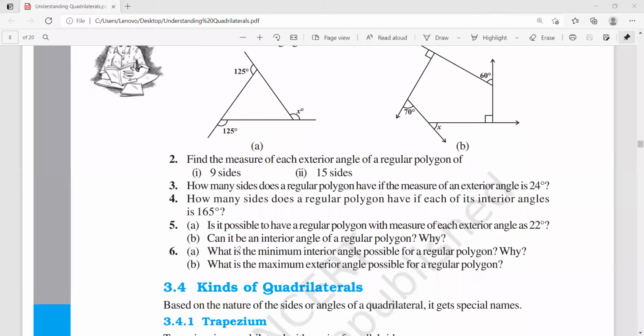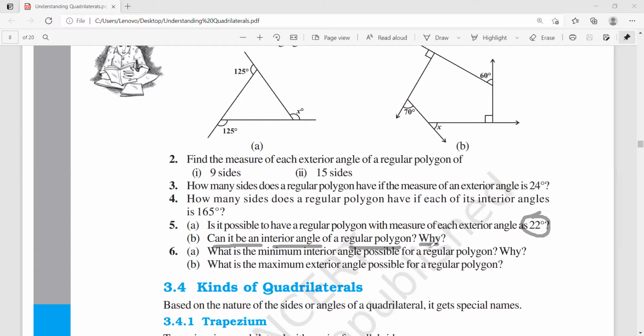Question number 5B. Can it be? It means, can 22 degrees be an interior angle of a regular polygon?